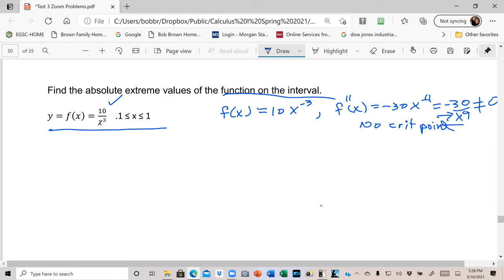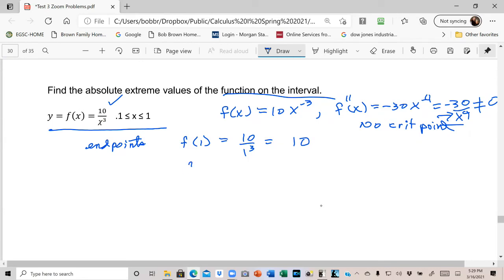Now let's look at the endpoints. f at 1 is equal to 10 over 1 cubed, which is 10.